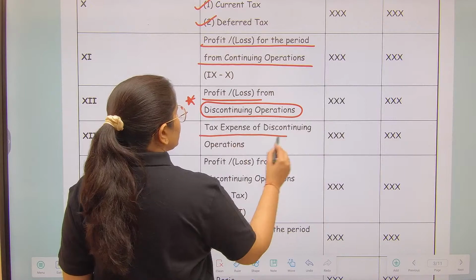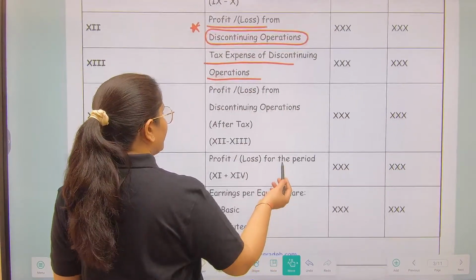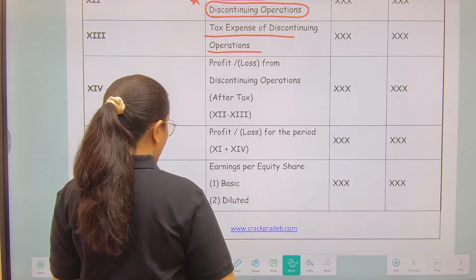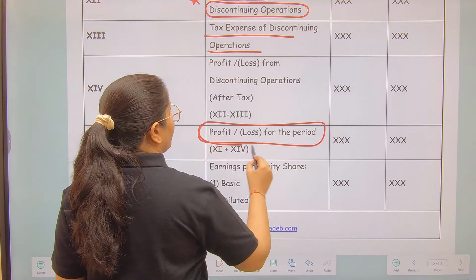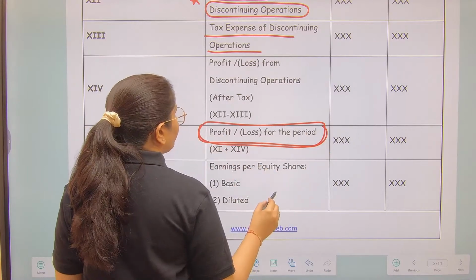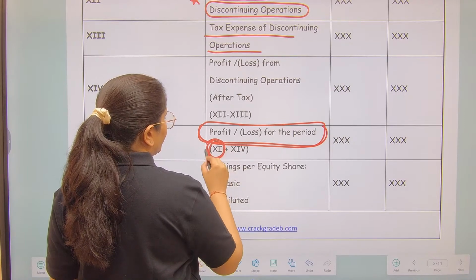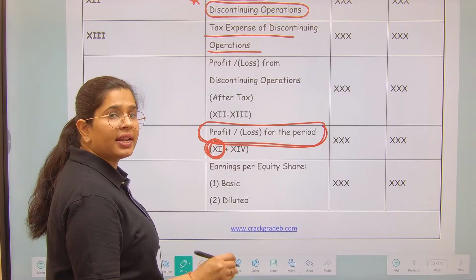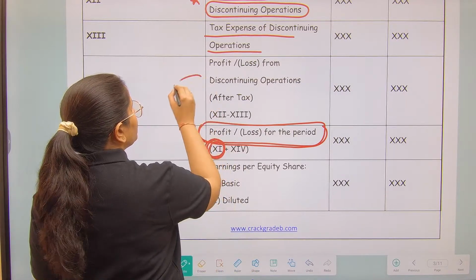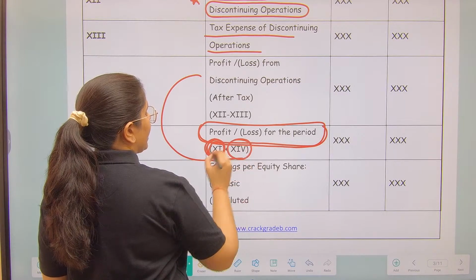Next, the tax expense of any discontinuing operation, if there is any. Finally, you have got your profit and loss for the period. How have you got profit or loss for the period? The profit and loss you have calculated for the business which you are carrying on currently, and the profit and loss from the discontinued business as well.